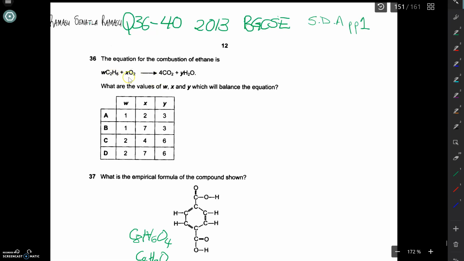For example, we have carbon here, but because the coefficient here is a 4, this means that we have 4 carbon atoms.